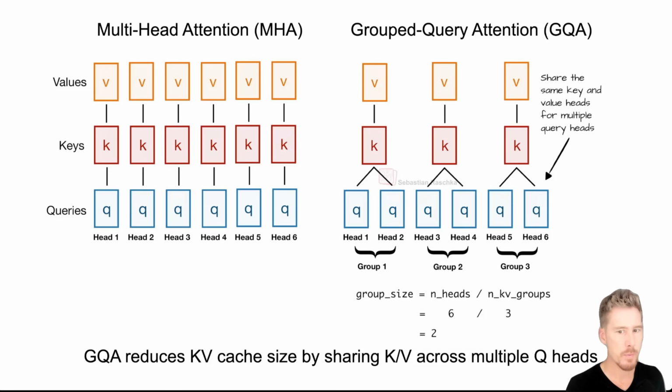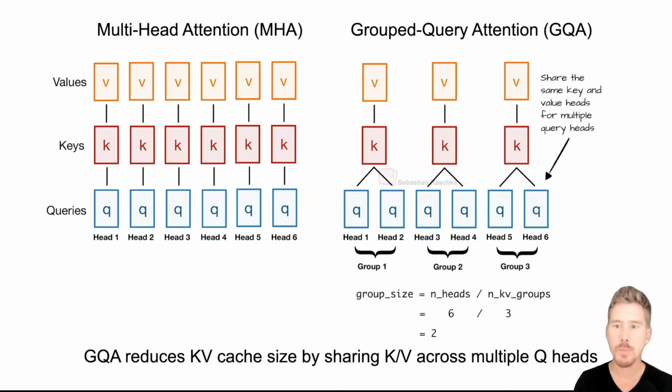It's a hyperparameter we have to tune, but if we find a reasonable ratio of how many queries share a key and value, then we can make sure that we have approximately the same modeling performance as with regular multi-head attention.